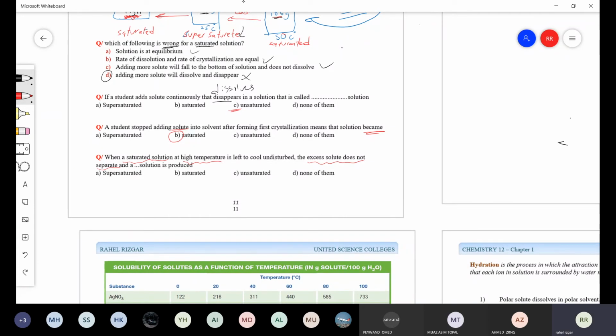It's still dissolved at lower temperature. When saturated and left to cool at lower temperature, then that solution is super.